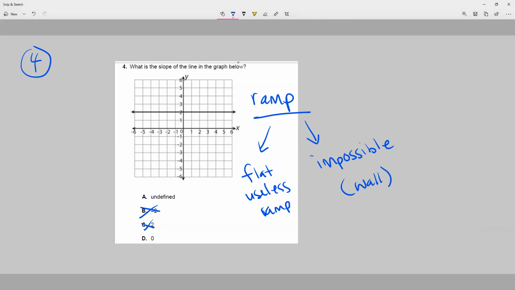You can't go up it because it's straight up and down. So this is the flat useless ramp, which is a slope of 0. And this is the wall, which is a slope that is undefined. So this would be 0 because it's flat.